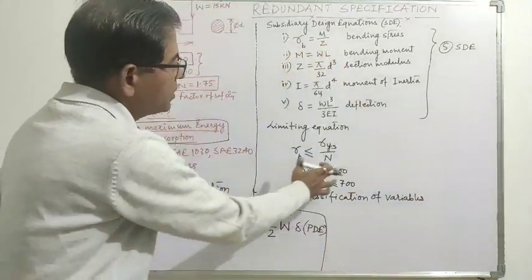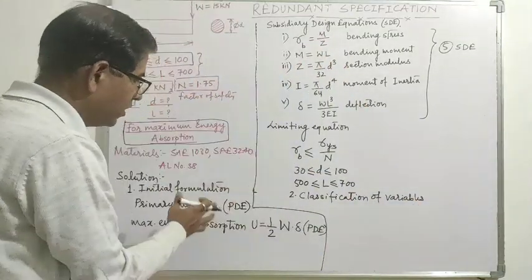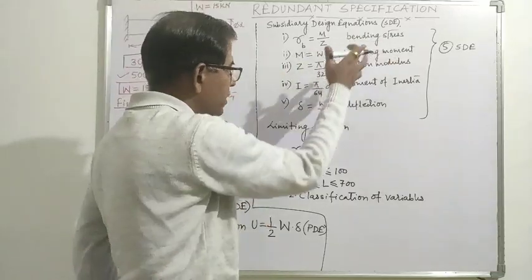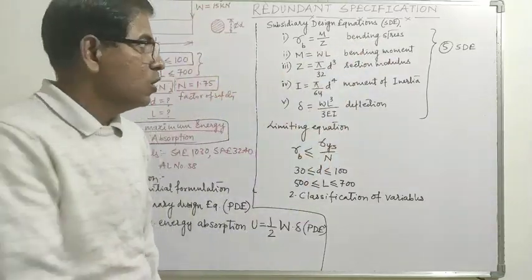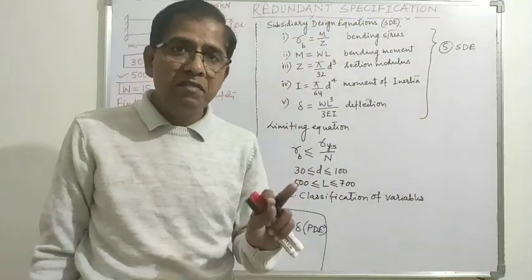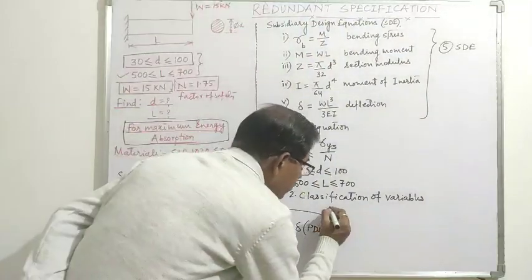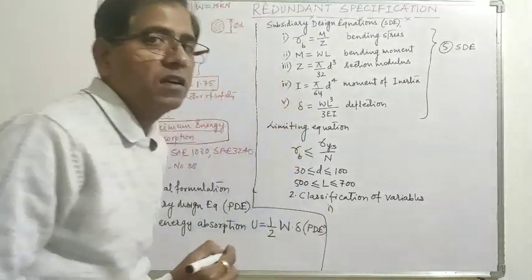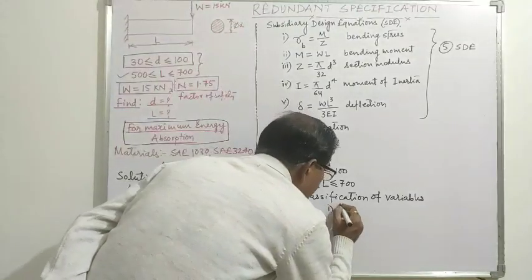All the variables that we are using in the primary design equation, subsidiary design equations and limiting equations, we need to classify under 5 categories. And what are those 5 categories? First is the optimizing variable.